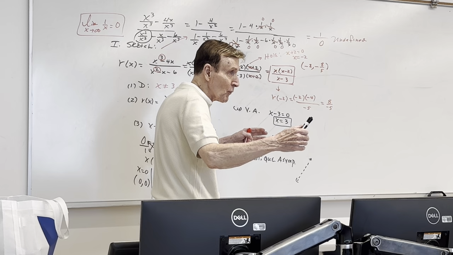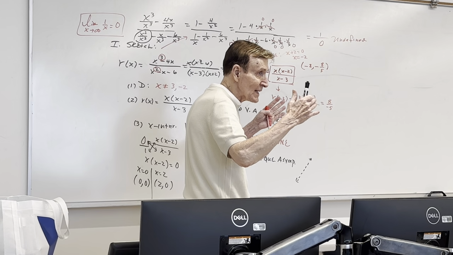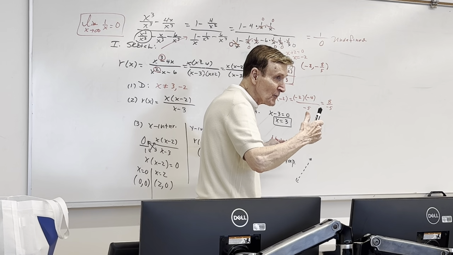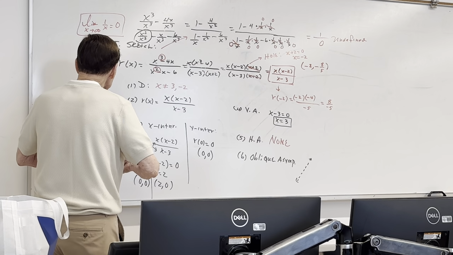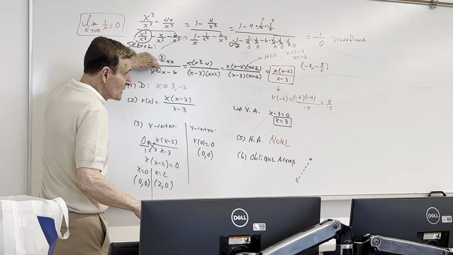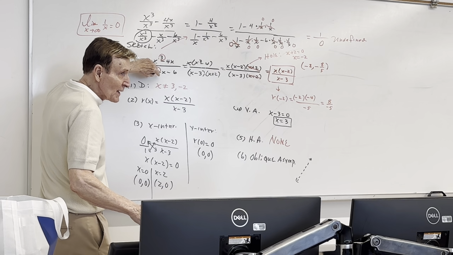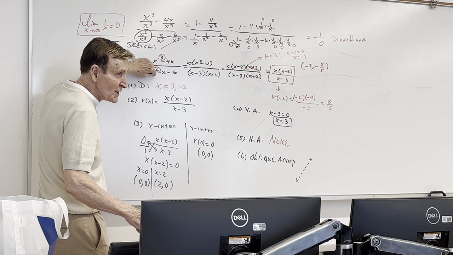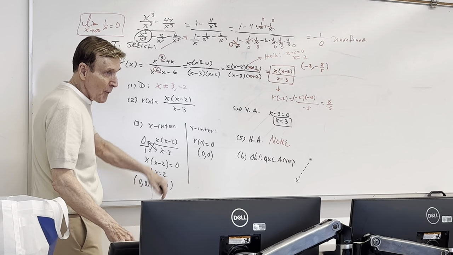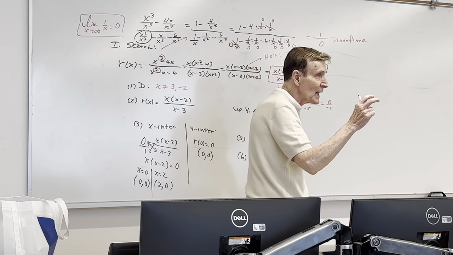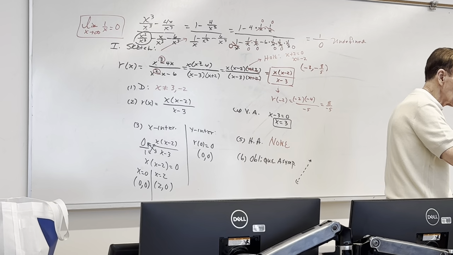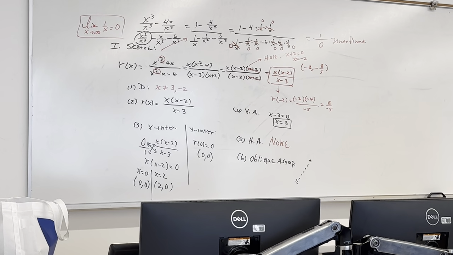Now, how can you tell right at the very get-go that there is one of these and not one of your horizontals that you're accustomed to? Go back, look at this. Did my degrees match up as we were hoping they would? No. Is the one on top, be very careful, exactly one larger than the one on bottom?